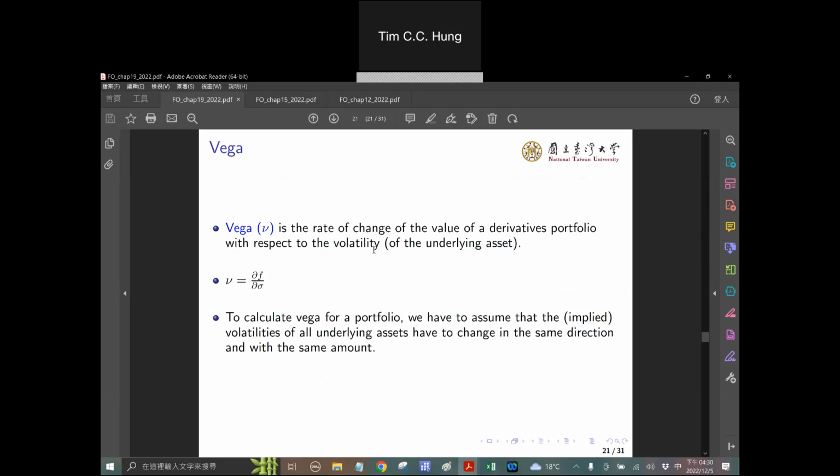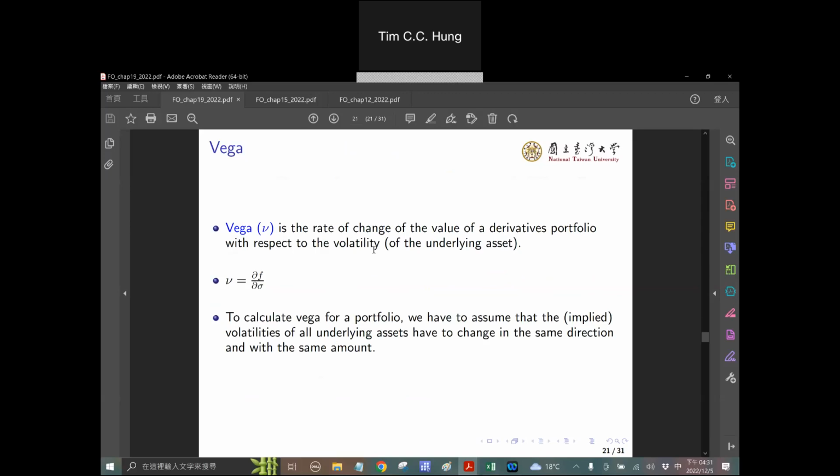But when you are calculating a Vega, there are pre-assumptions. Suppose that you have a portfolio of options. These options may be on different underlying assets, and that would create some trouble, because it's not necessarily the case that these different options have the same volatility.